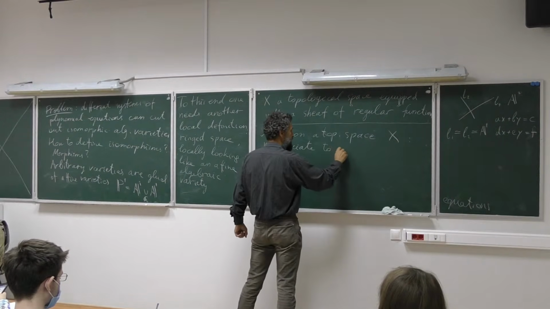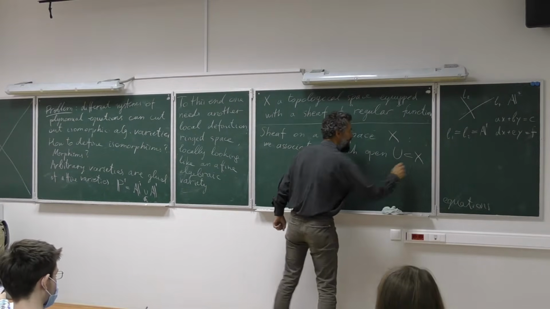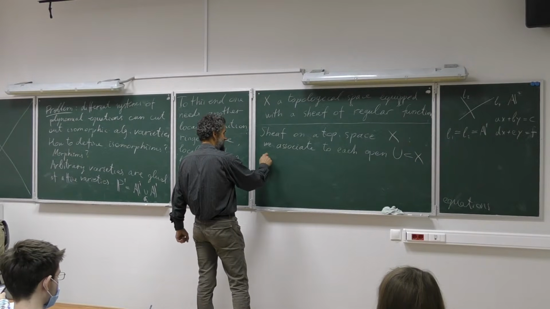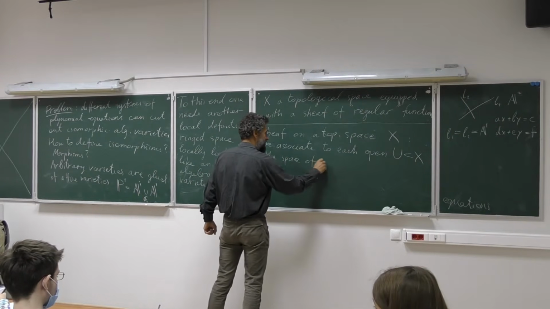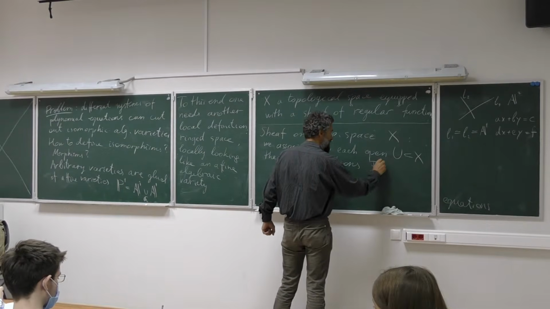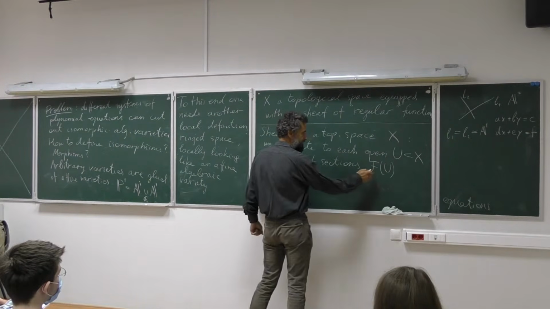To each open subset we associate the space of sections, F of U. So F is our sheaf.